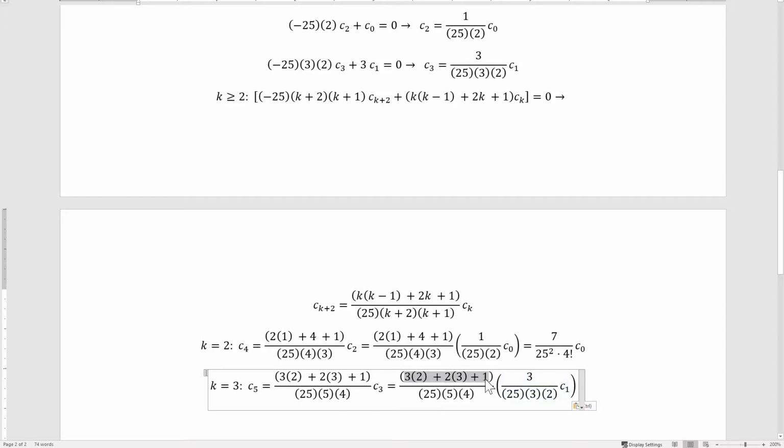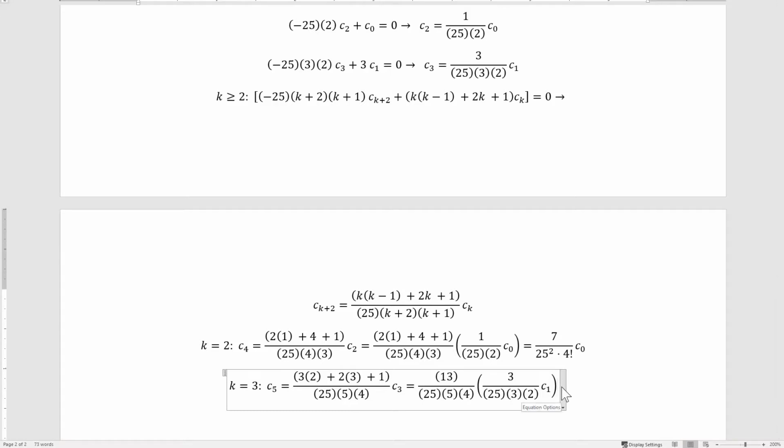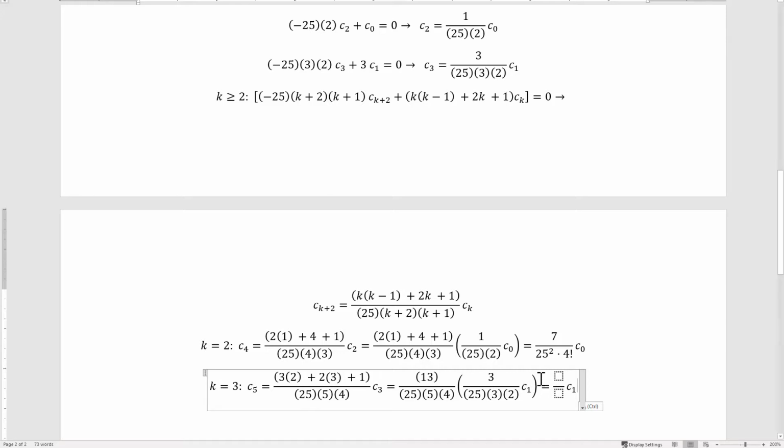We have this expression. Let's see if we can simplify this. 6 plus 6 is 12, plus 1 is 13. So we have a 13 times 3 in the numerator. And then let's go ahead and write that out. 13 times 3, or 3 times 13.